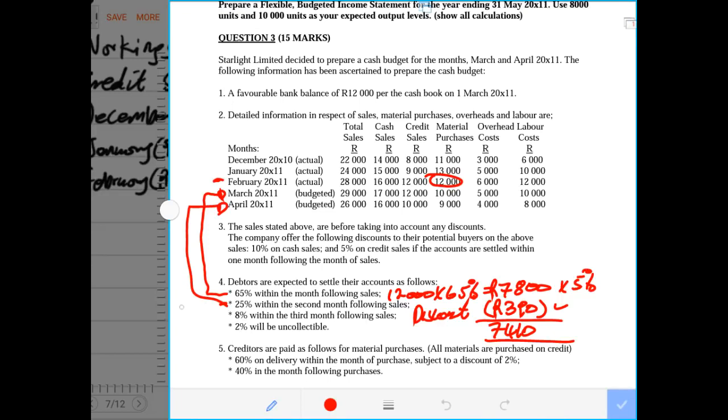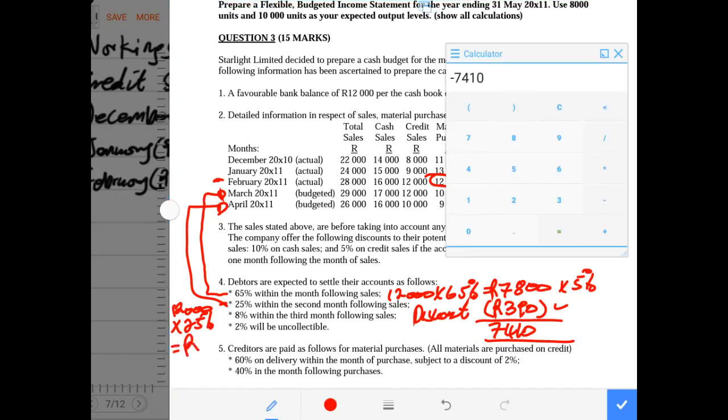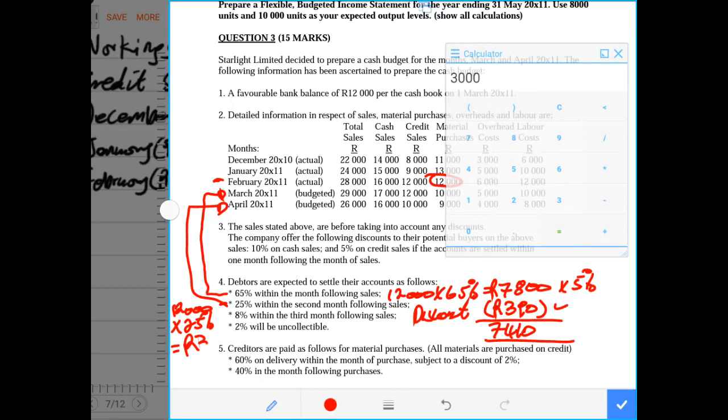That means we say 12,000 times by 25%. That gives us 3,000 rands. So now 3,000 rands is the collection for the month of April.